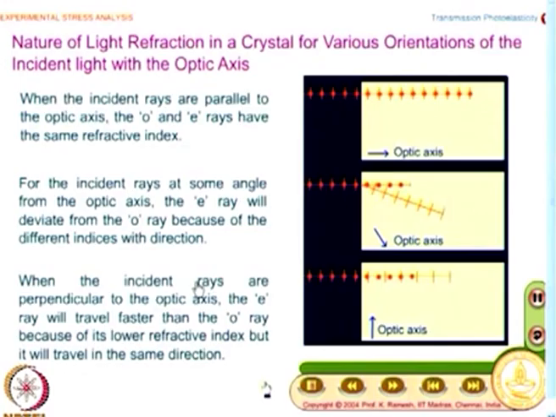And here what I am showing, for a single incident ray, in general you have two refracted beams, but when it is perpendicular to the optic axis, they travel in the same direction and acquire a phase retardation. So, this is what happens in photoelasticity.